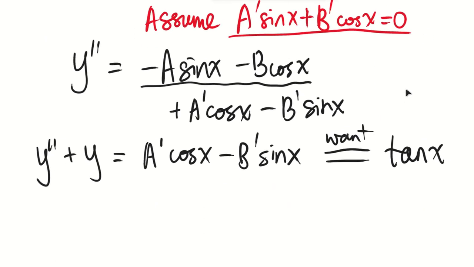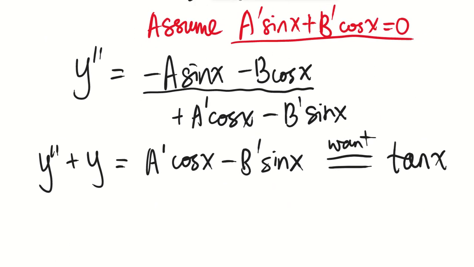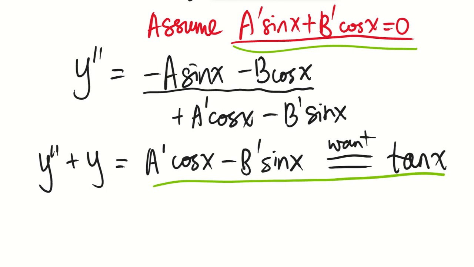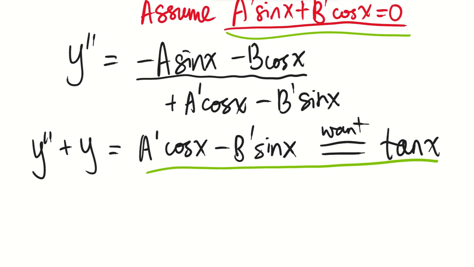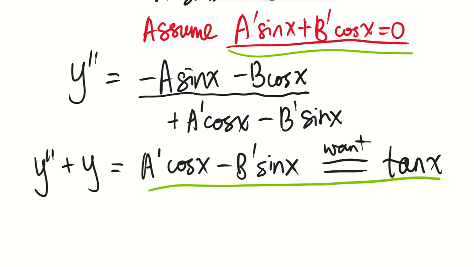So now we just ask ourselves, can we solve these two equations? Indeed, this is just like a simultaneous equation with variables a prime and b prime. So yes, it is possible. In fact, I will write it in a more neat notation, which is like this.